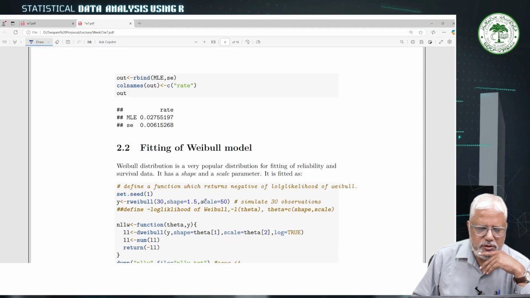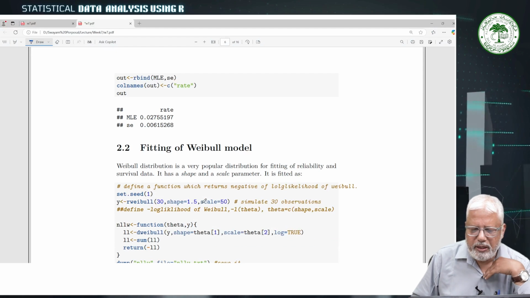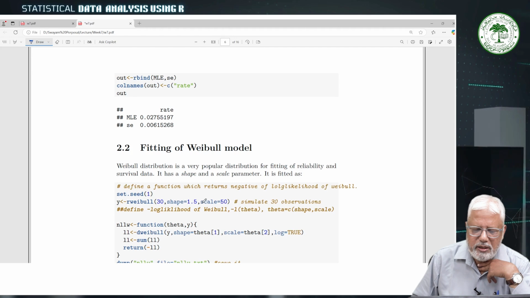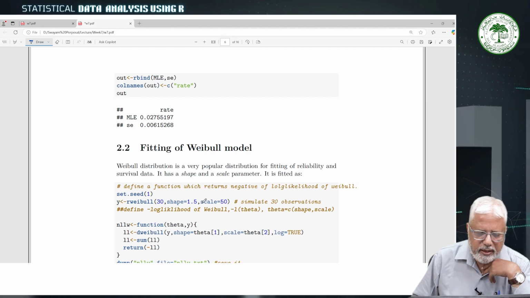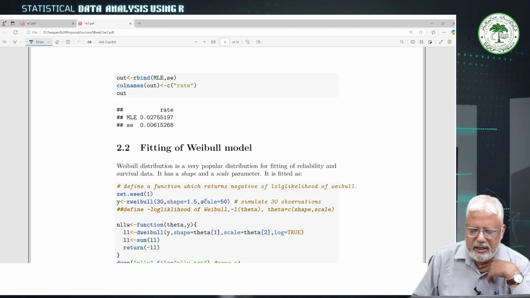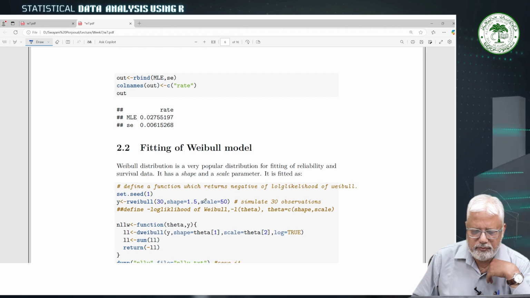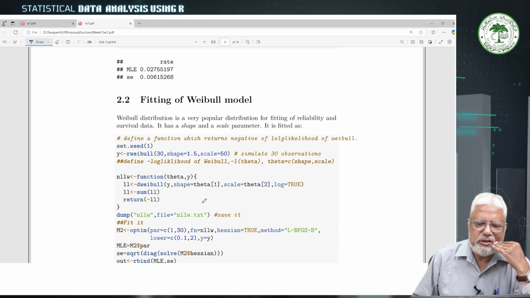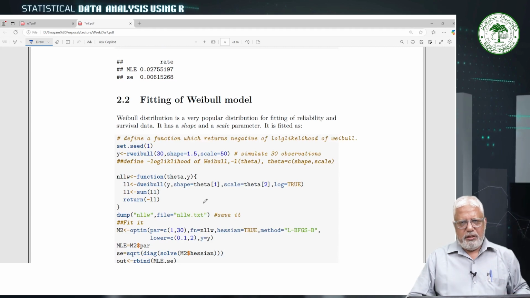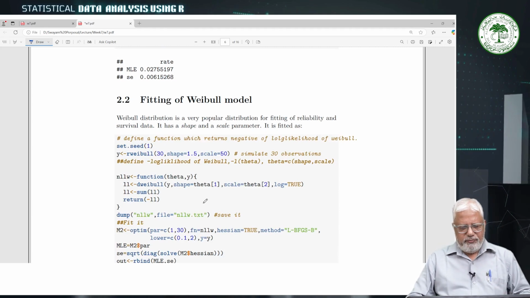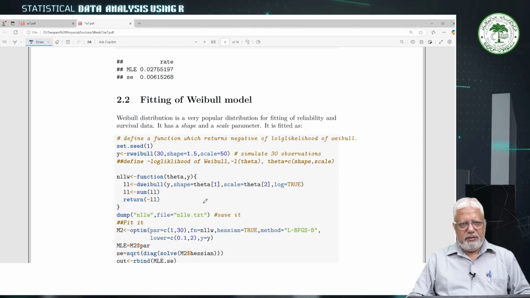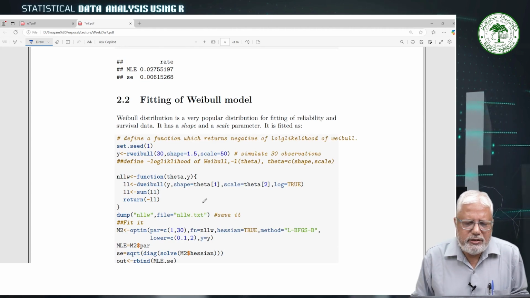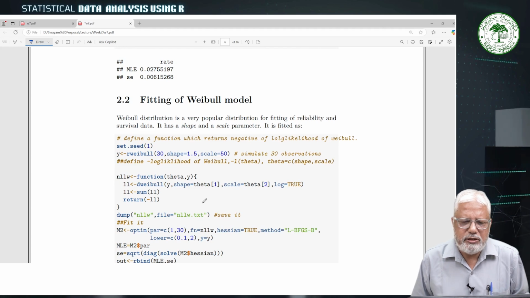Fitting Weibull distribution. Weibull is a very popular distribution for fitting reliability and survival data. It has shape and scale parameters. There is a great package in R, survival, in which we study survival analysis, and very typical models are seen.